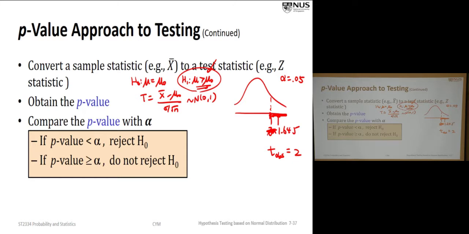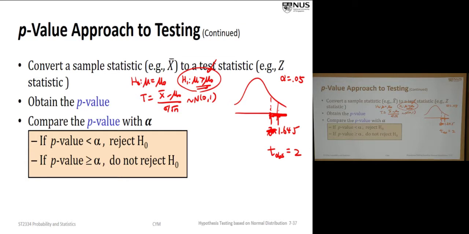So now I ask myself, what I observe from the sample, is it big? To answer the question, I have to look for the chance that you will observe something bigger than what I have. If the chance is small, that means what I'm seeing is very extreme, very big. So that's the idea. This p-value is roughly about 2.5%.